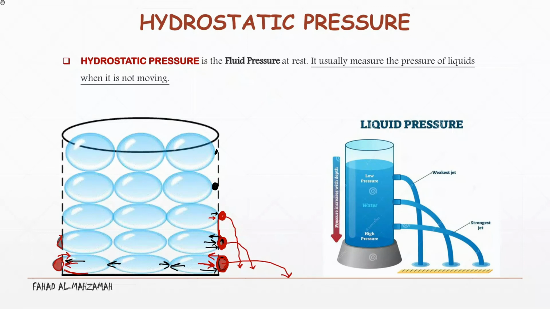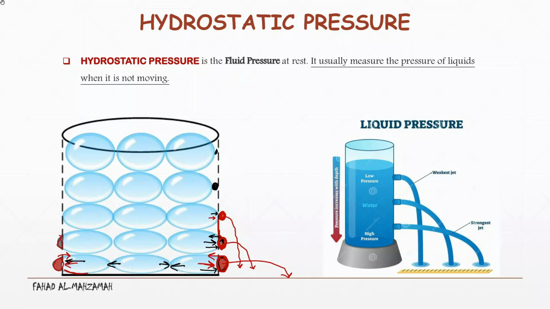So this is point number 3, or information number 3, that we need to understand in hydrostatic pressure. The most important one is point number 1, which says that as we go deep in the liquid, the pressure increases. So the pressure of liquid increases as the height, or the depth, of liquid increases.